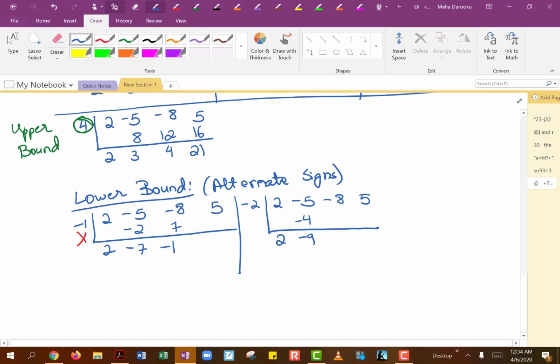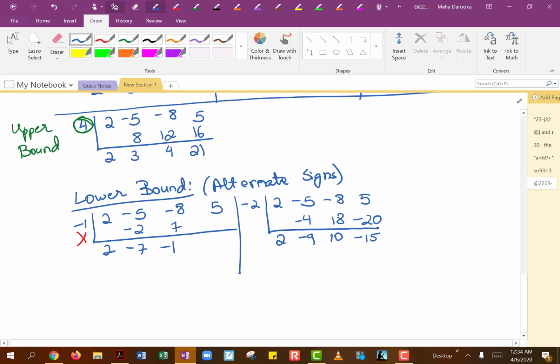And then negative 9 multiplied with negative 2 will be positive 18. 18 minus 8 is positive 10. So we're alternating in signs so far, so that's good. And then when I multiply 10 times negative 2, it gives me negative 20. Negative 20, positive 5 will give us negative 15.